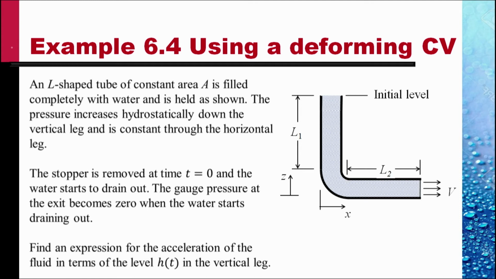The pressure increases hydrostatically down the vertical leg and is constant throughout the horizontal leg. Then, at time t equal to 0, we remove the stopper at the lower right end and the water starts to drain out. The gauge pressure at the exit becomes 0 when the water starts draining out.